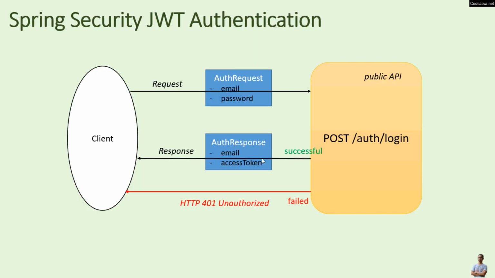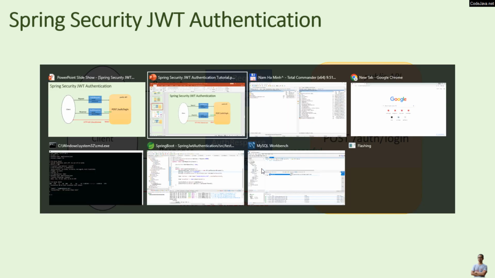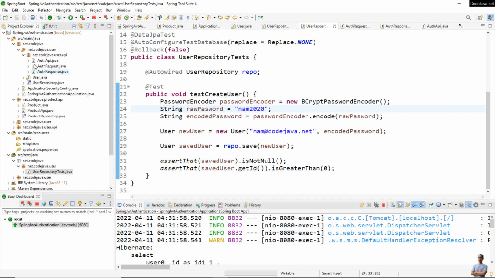As you can see here, if the authentication is successful, the API returns a response that includes the AuthResponse object containing an access token. This is actually a JSON Web Token. Okay, come back to the project and code a new Java class.